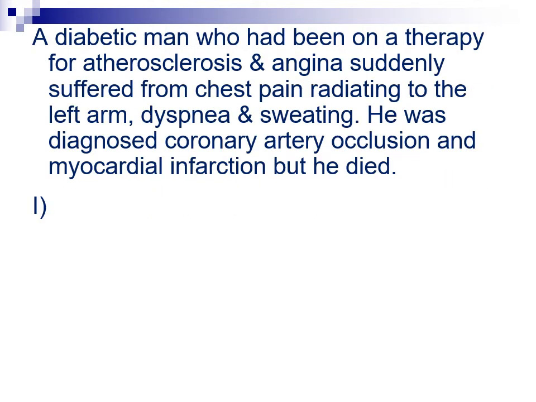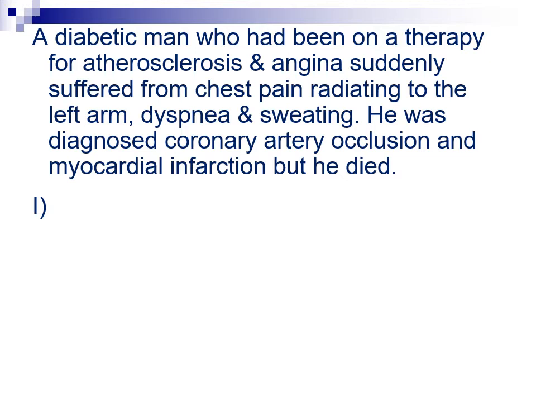Let's practice together. A diabetic man who had been on therapy for atherosclerosis and angina suddenly suffered from chest pain radiating to the left arm, dyspnea and sweating. He was diagnosed with coronary artery occlusion and myocardial infarction, but he died. Here the diagnosis is stated clearly: coronary artery occlusion and myocardial infarction.